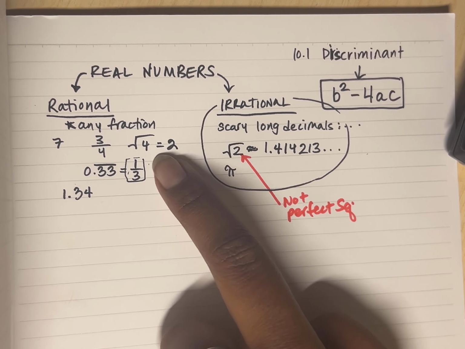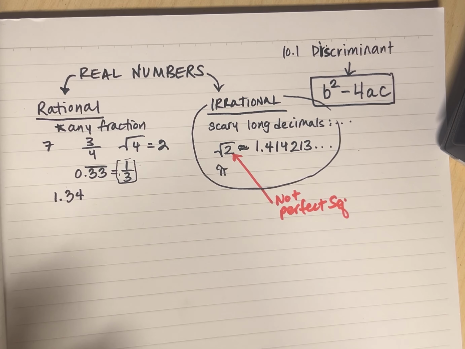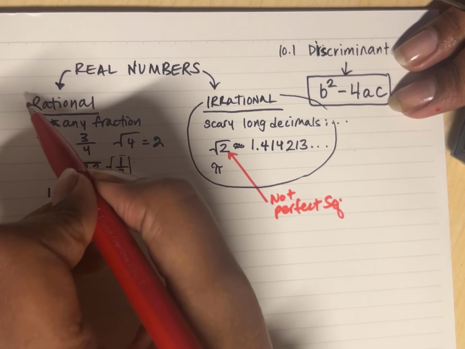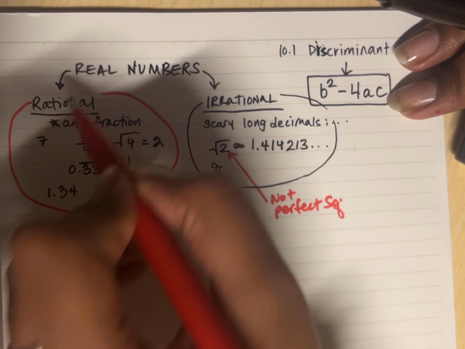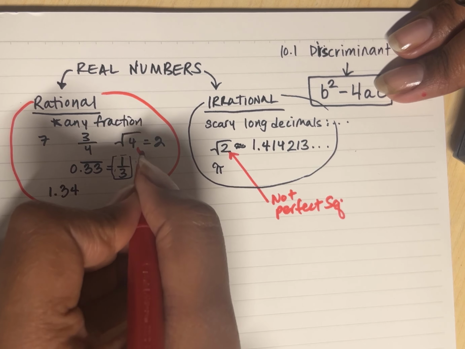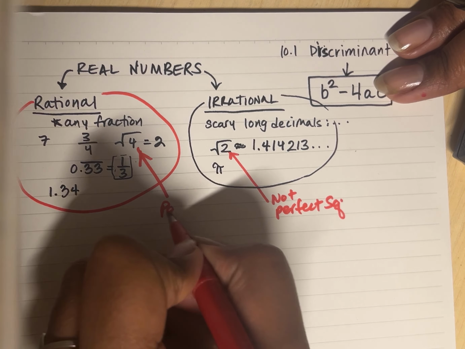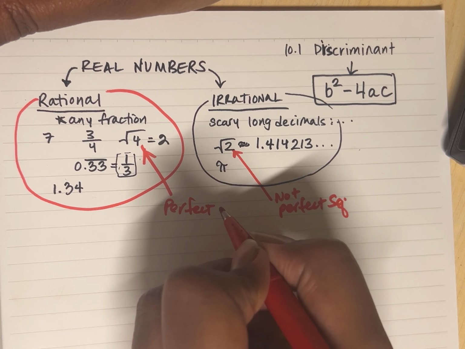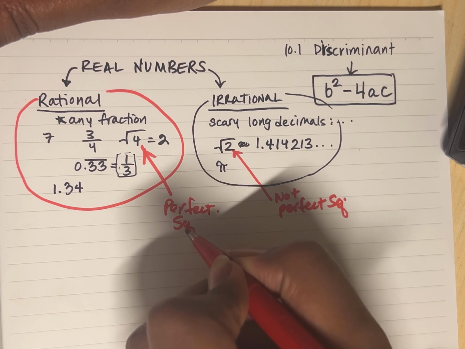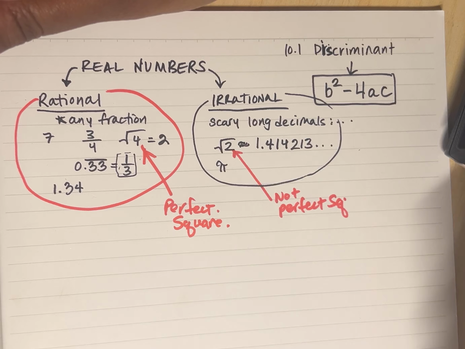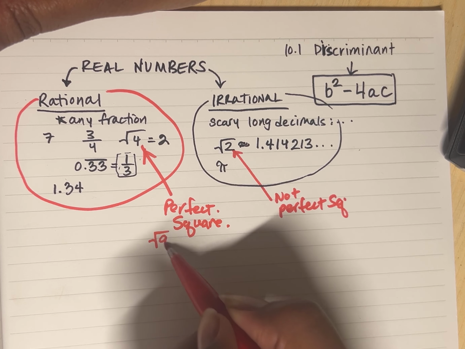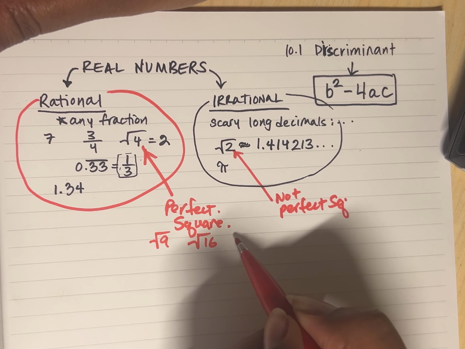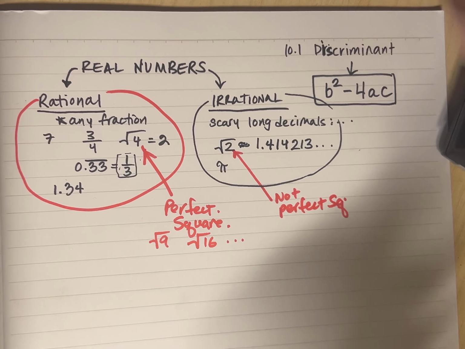The square root of 4, perfect square. Square root of 9, perfect square. We care about this being a perfect square. That's what makes this question rational versus irrational. Think the square root of 9, the square root of 16, and so on and so forth.